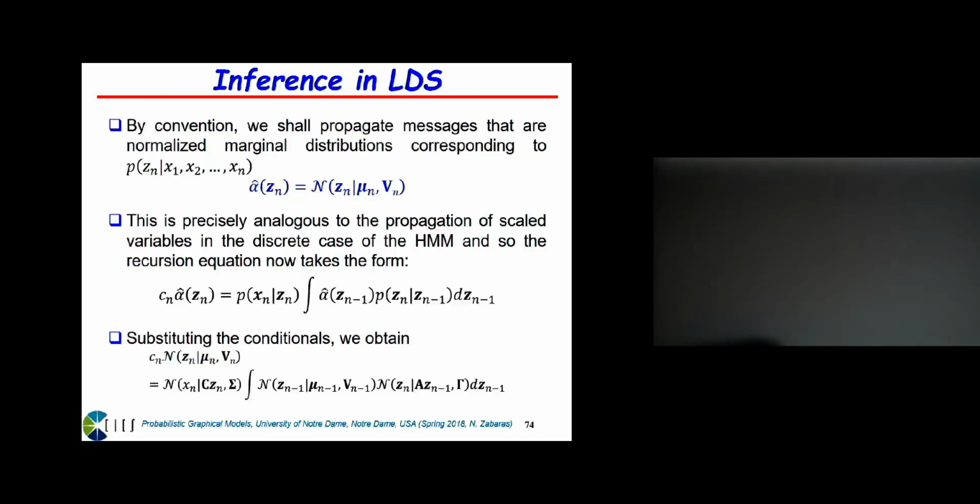I have the product of two Gaussians, but the mean of one of them is linear in the other variable. So what I have is like having a probability of y given x that is linear in x, times the probability of x.